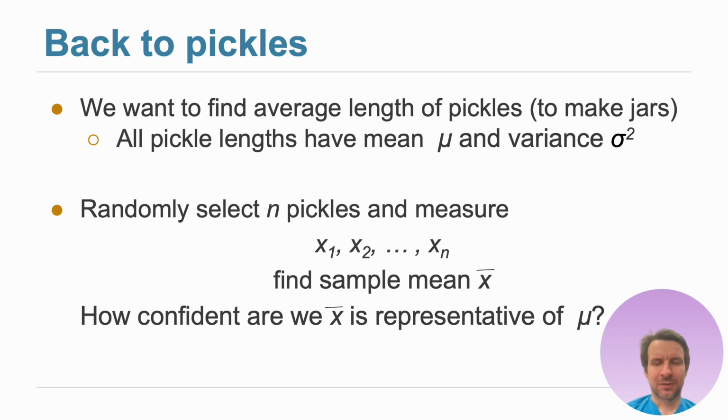So what I would like to do is find the sample mean, and now I hope that the sample mean is the same as the true mean. Right? Maybe yes, maybe no. So how confident are we that if we do the sample mean, we will find the true mean? Right? The sample is what I can do, but what I really want is the real mean of the pickles.